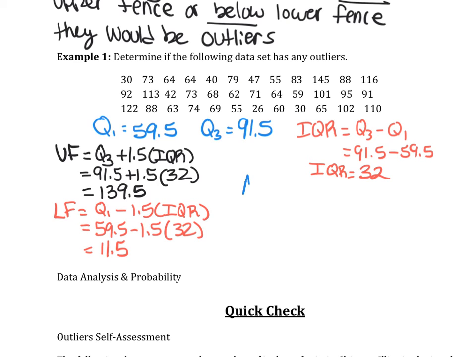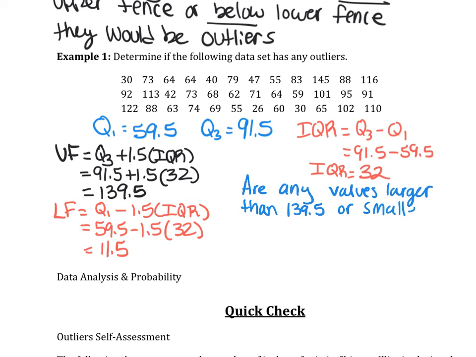So we need to ask ourselves, are any values larger than our upper fence, so larger than 139.5, or smaller than our lower fence, 11.5?